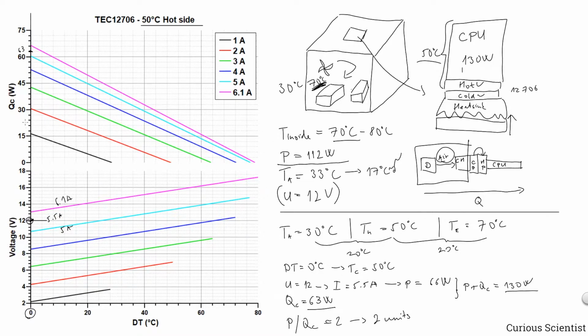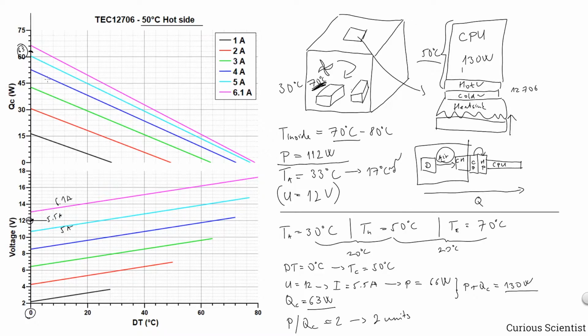We can go up then to the other part of the performance chart, which is DT versus QC. Now we see that we have 5.5 amperes available. What is the QC that we can reach at 0 degrees DT? We are still along the y-axis, and we search for the 5.5 amperes, that is roughly here, and we read the QC, which is 63 watts.